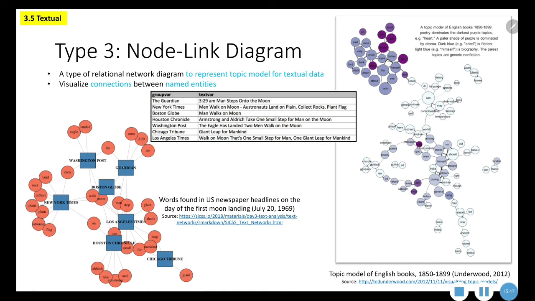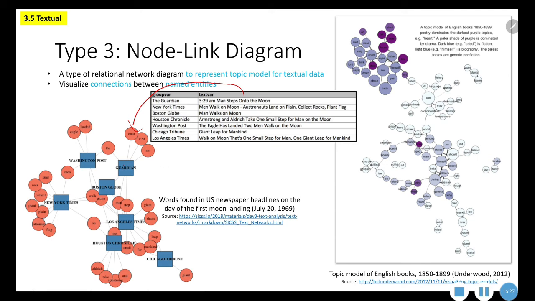If a text variable is used in more than one newspaper, it has two links that connect the node with the newspapers. For example, let's take the Guardian and the Washington Post. The Guardian's headline was "3:29 a.m. man steps onto the moon." So it captured "on" here, and "moon" here.